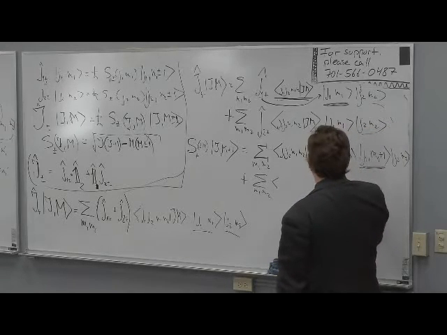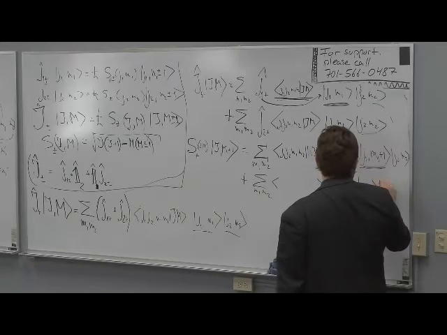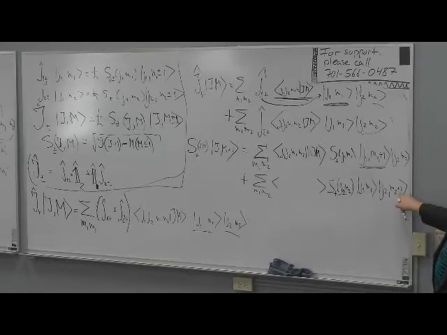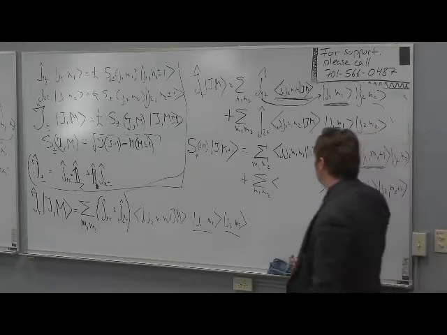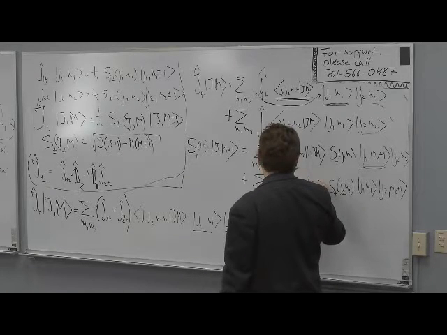So S plus of J2 and M2, J1 M1 unchanged, J2 M2 plus 1. We get a change in the indices.